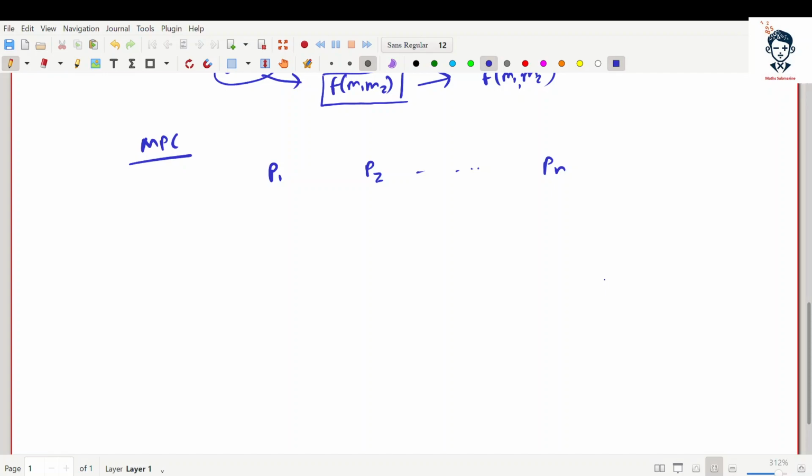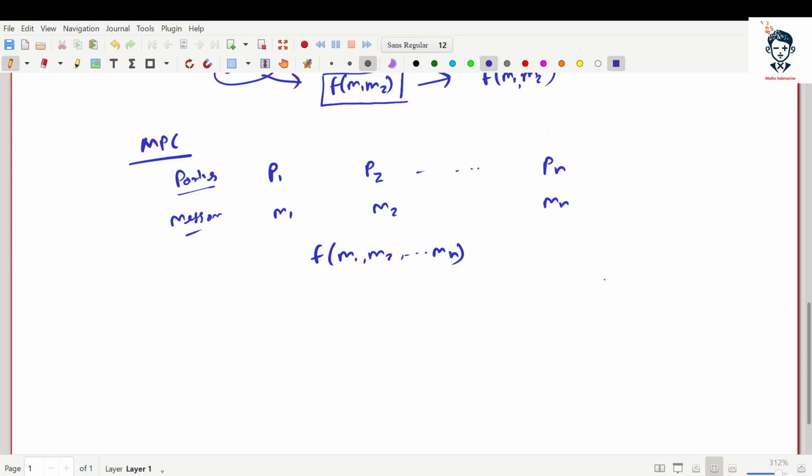They have some messages or some data. Say one has M1, some secret data, another has M2, and so on. So there are, say, n parties, and they have some messages. But again they want to compute something, say f of M1, M2, up to Mn. This is what they want.